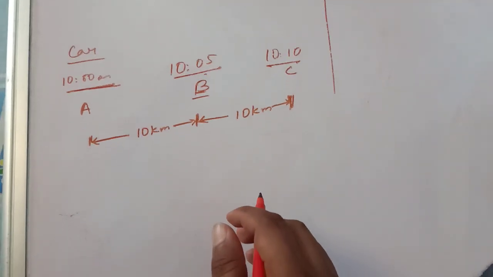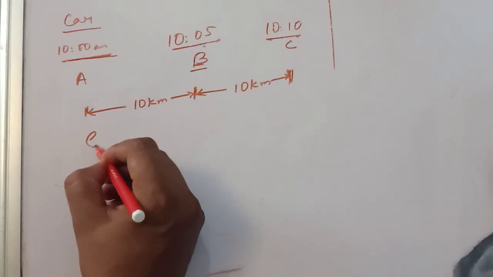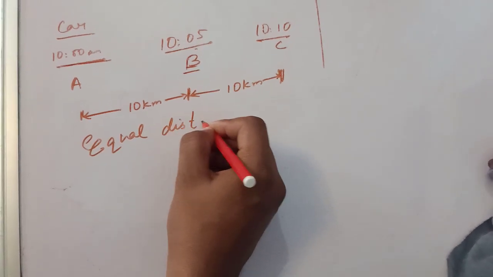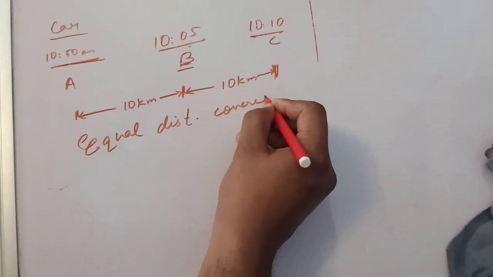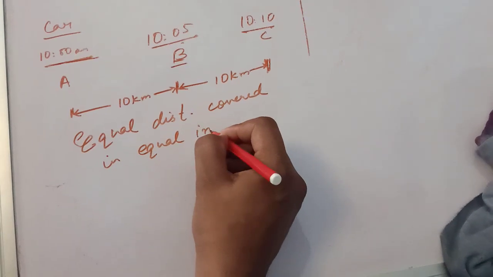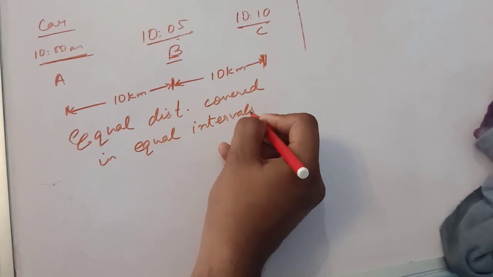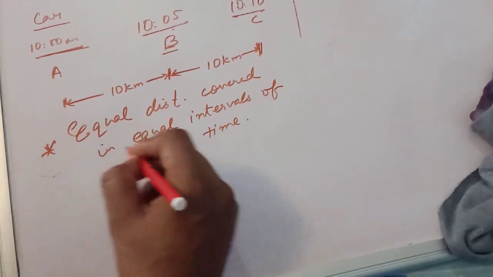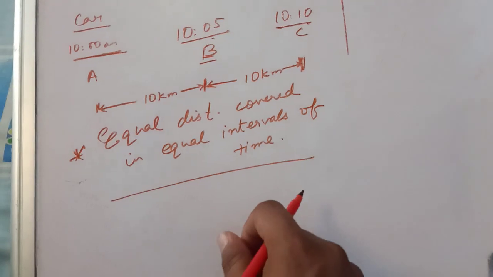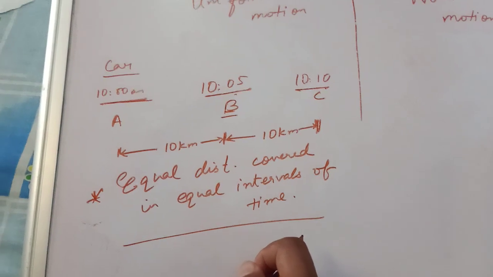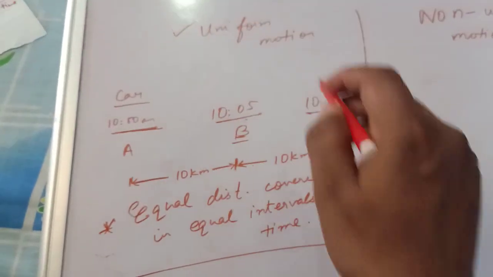So what do we see? We observe that equal distance is covered in equal intervals of time. When equal distance is covered in equal intervals of time, we say that it is a case of uniform motion.